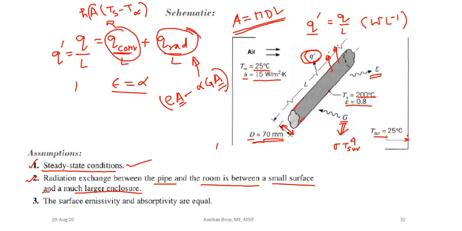Remember, here also A is the surface area, which is pi into d into L. So this is the convection part, and this is the radiation part. And this E you can write as epsilon sigma Ts to the power 4, alpha you can write as epsilon, G you can write as sigma T surrounding to the power 4, and the whole thing is multiplied by the area, which is pi d L.